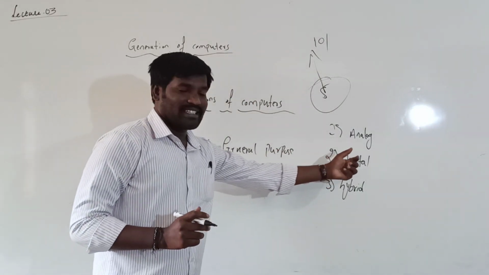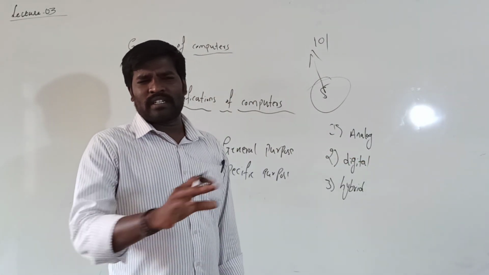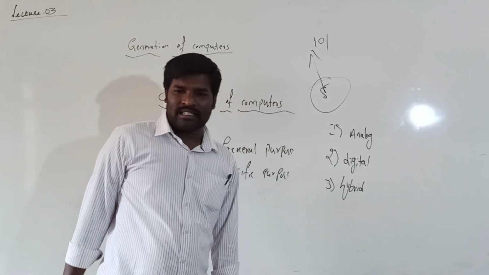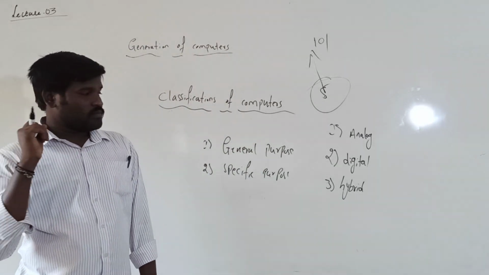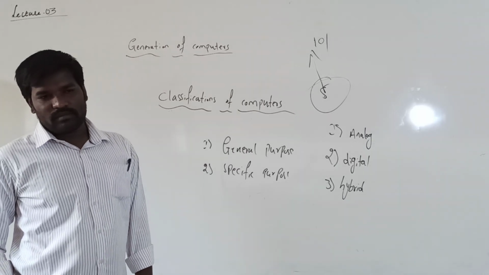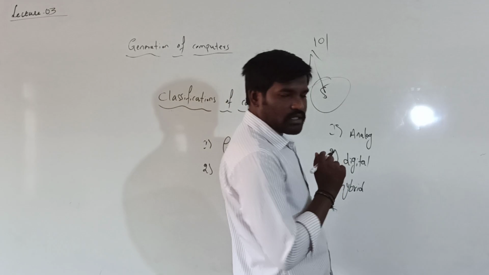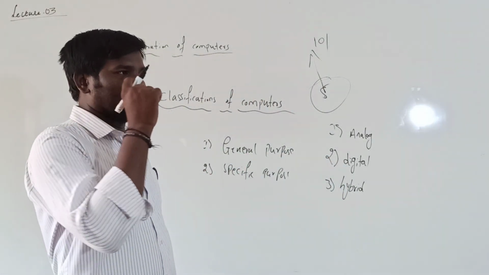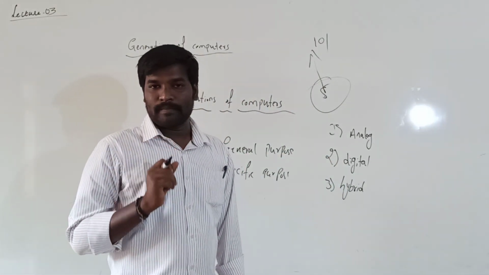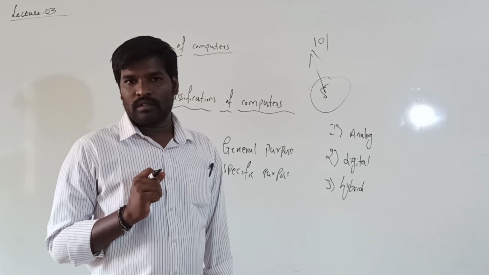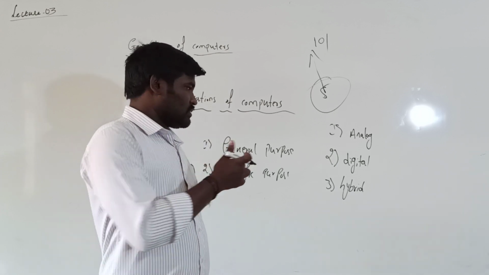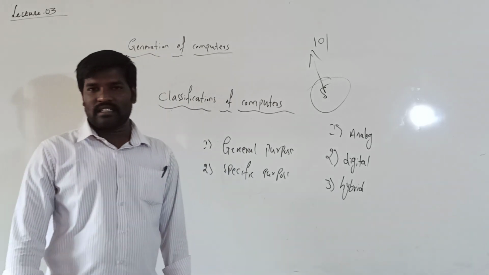Digital computers are nothing but whatever data you give or whatever task you perform, it is completely in terms of digitalization. You will get the values digitally. That is the digital computers.